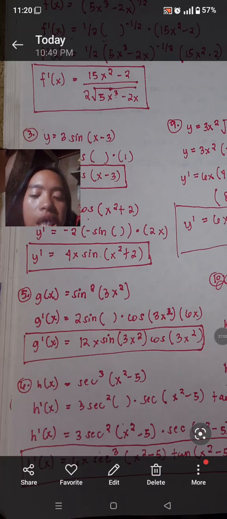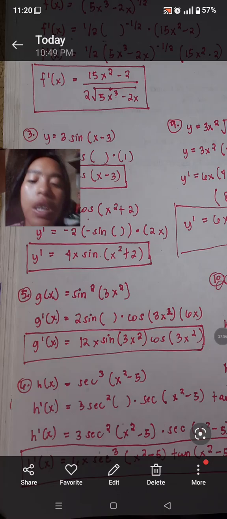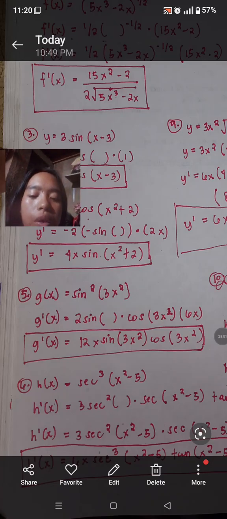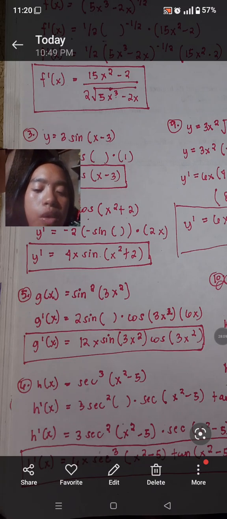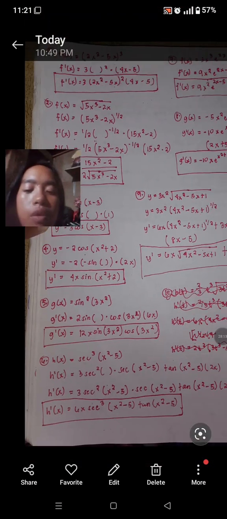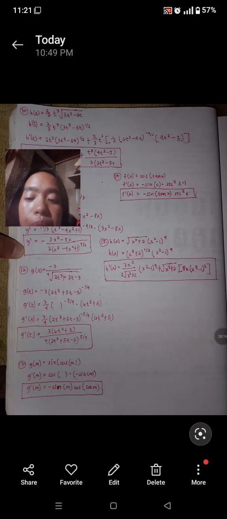What is the derivative of sine? It is cos, and then the derivative of the inner function 3x squared, put it there. So the answer is g prime of x is equal to 12x sine of the quantity 3x squared times cos of the quantity 3x squared. So still the same.